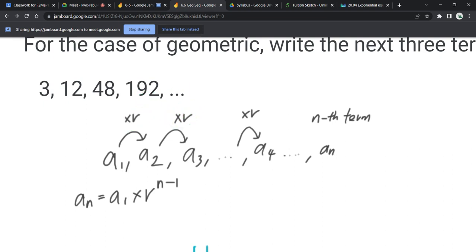While if n is equal to 4, we multiply 3 times. So we see that if we have 4, we actually only multiply 3 times. So for the n-th term, we multiply n minus 1 times. So that's why we have an equal to a1 times r to the n minus 1.